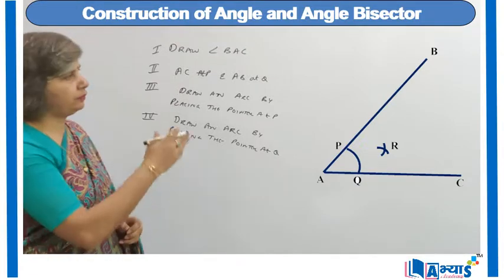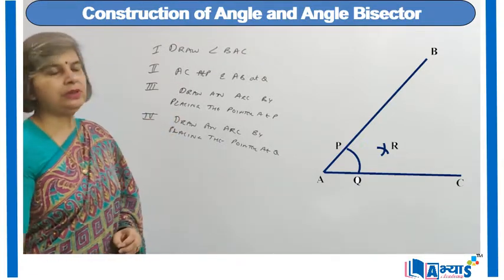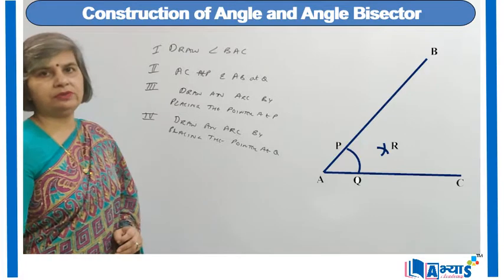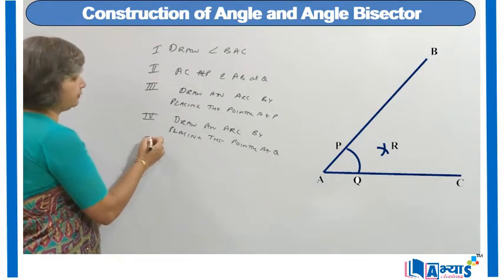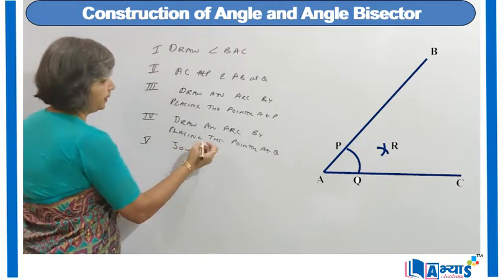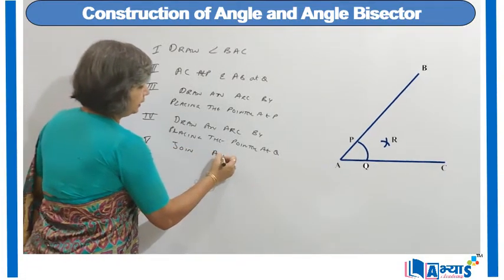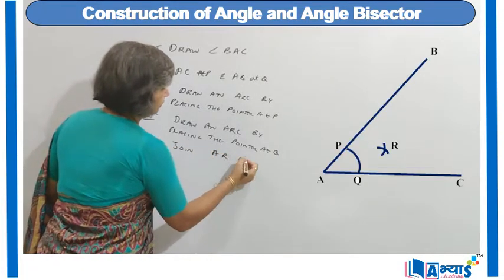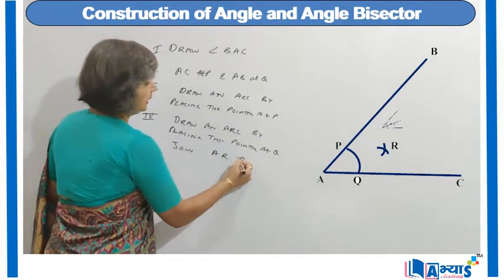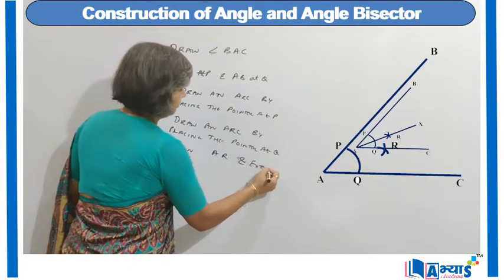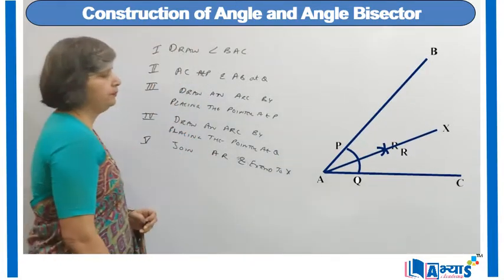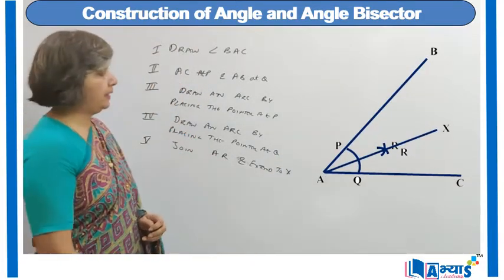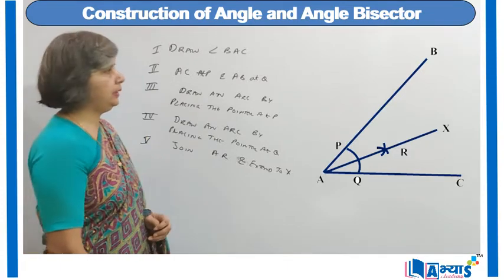One arc drawn taking P as the center point, and the other arc drawn taking Q as the center point. So then in the next step we will join AR and extend it to X. So AX is the angle bisector of angle BAC.